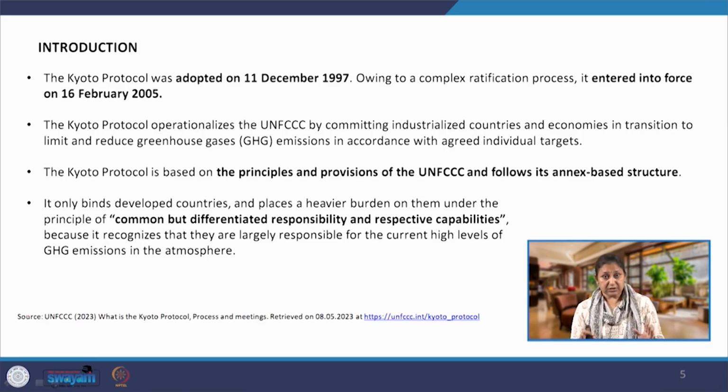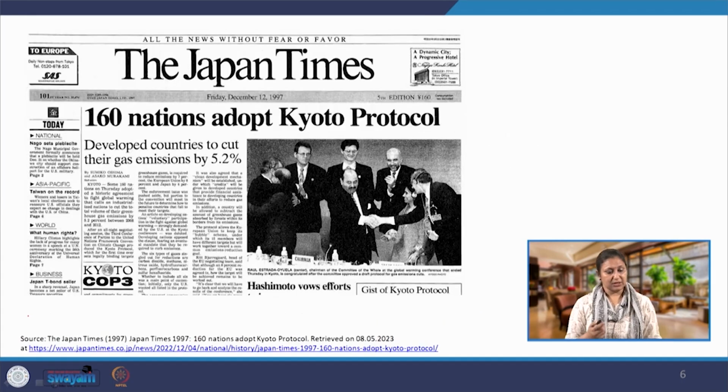So, the principle of UNFCCC and Kyoto Protocol is common but differentiated responsibility and respective capabilities. That is why, when we were reading about UNFCCC, there are different annexures, Annex A countries, Annex B countries, non-annex countries, LDC countries. There the differentiated responsibility and capabilities have been respected, and accordingly binding or non-binding status has been given.